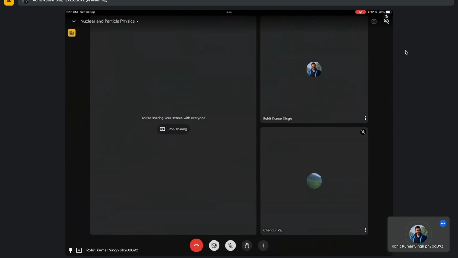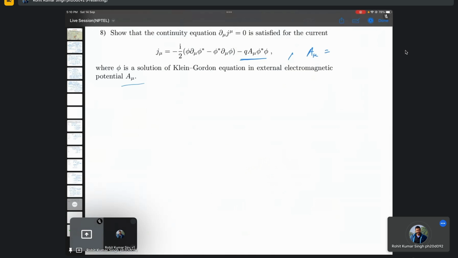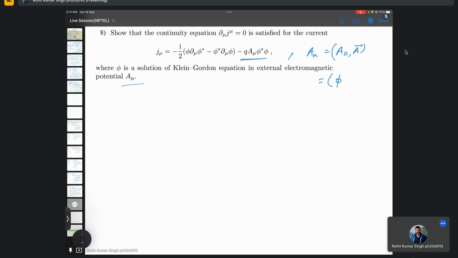So we know that A mu is written like this, where the first component is the scalar potential for the electric field, and the other three components are the magnetic potential, which gives rise to the magnetic field.